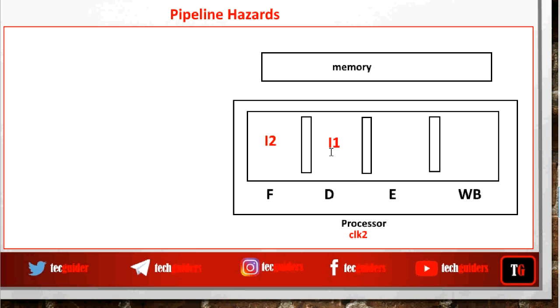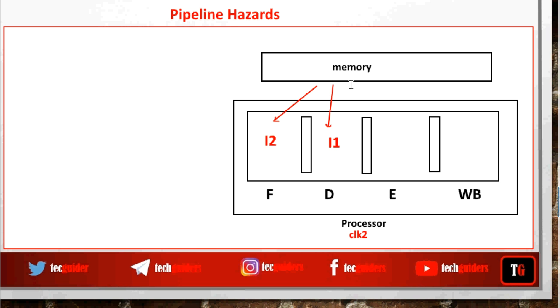Suppose our instruction I1 needs to load an operand from the memory. So in clock cycle 2, the decode unit will access the memory in order to load the operand. At the same time, instruction I2 will access the memory in order to fetch the instruction. Hence, in clock 2, both these instructions in the different phases are trying to access the same hardware resource, memory.